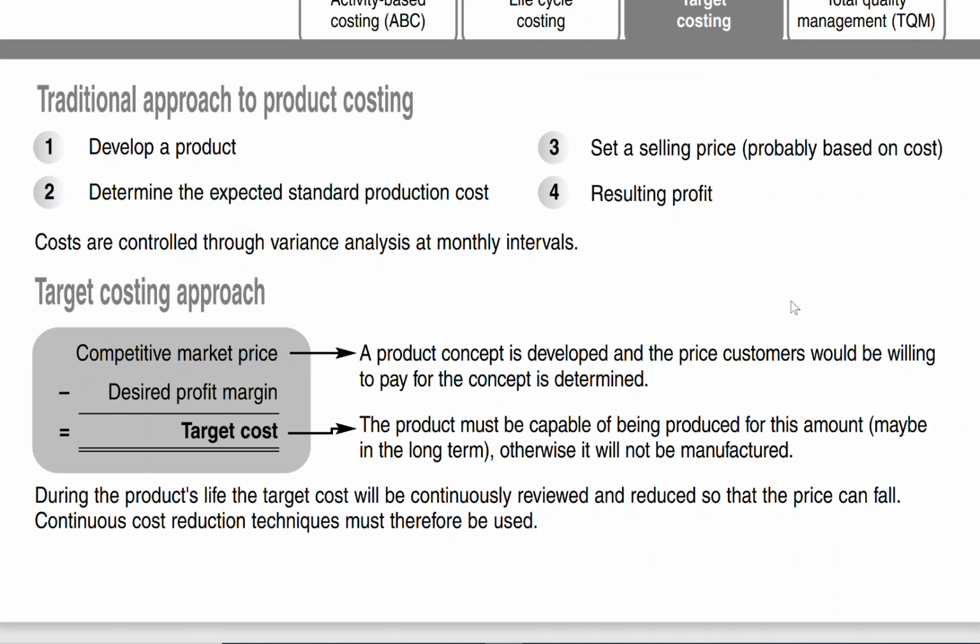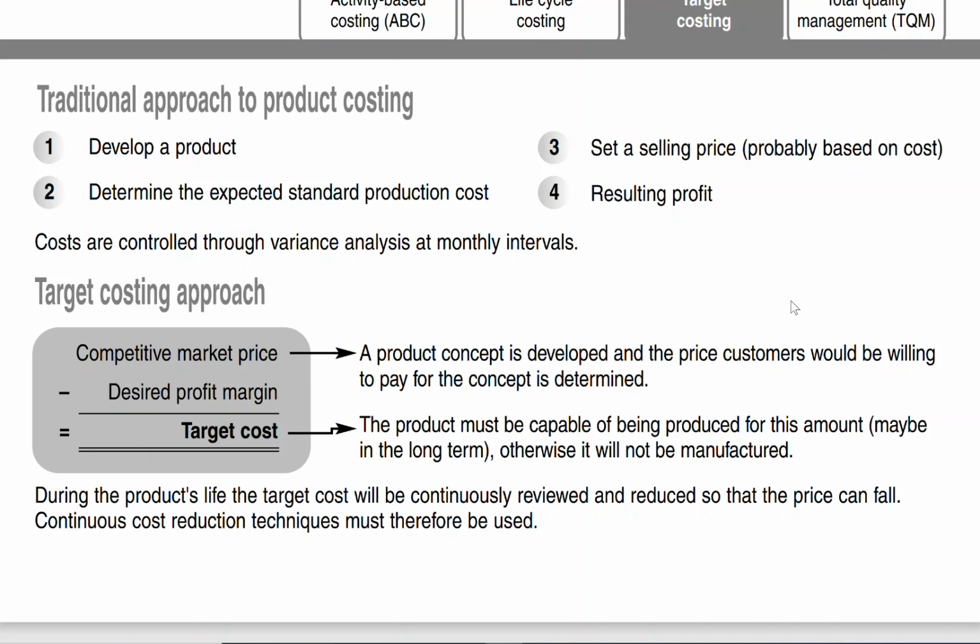And then we have the estimated cost. When I look at the product and the features, the labor and everything, I believe I will be able to make the product at $100. If I make it at $100, should I increase the selling price to $130 to make $30 profit? No, this is wrong. If you give that answer in the exam, especially in F5, your answer would be wrong. So $120 cannot change.